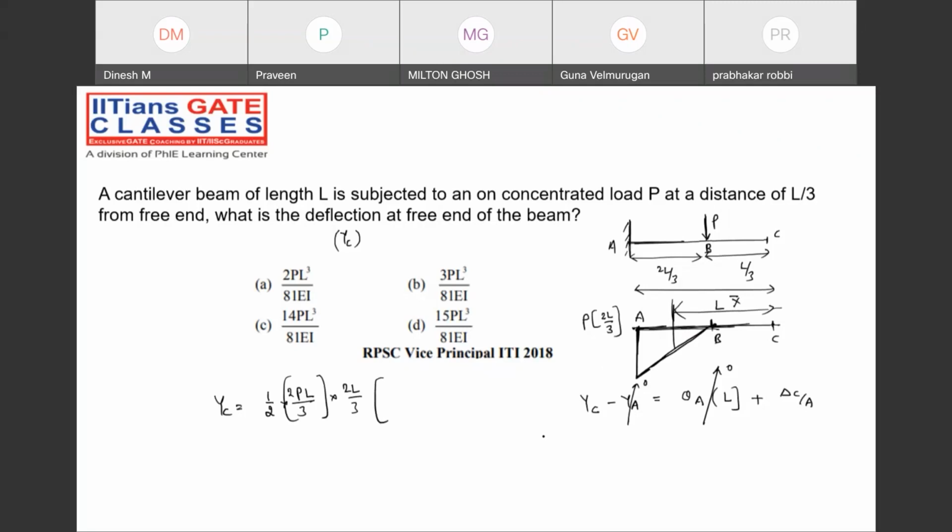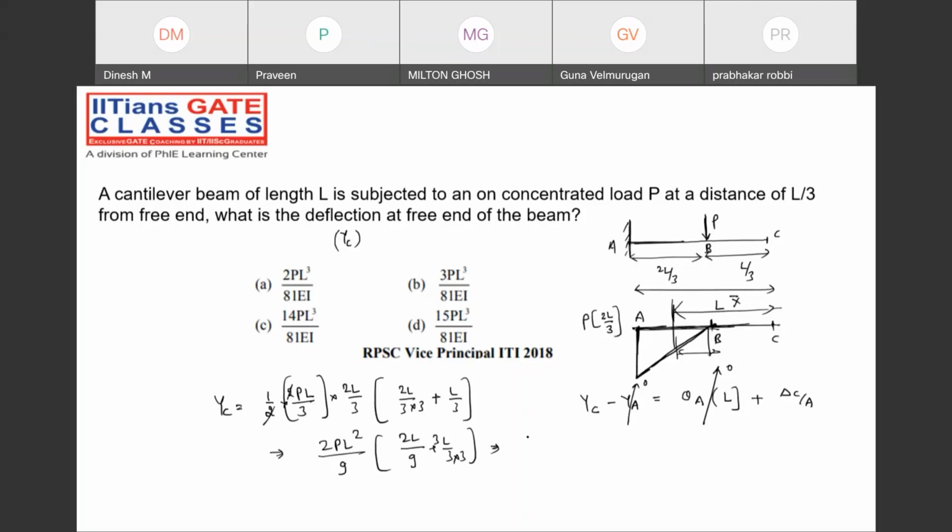We need to determine the deflection, sorry, where we need to find the deflection. From here to here it is base by 3, which means 2L by 3 by 3 plus L by 3. Yes or no, guys? 2PL square divided by 9, into 2L by 9 plus L by 3, into 3 into 3.